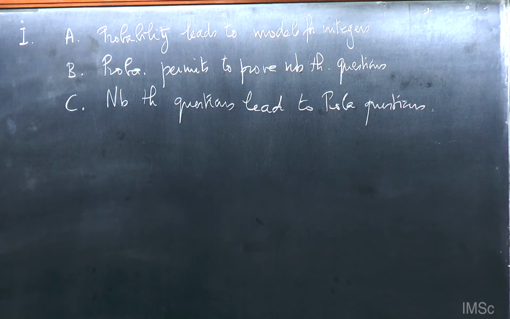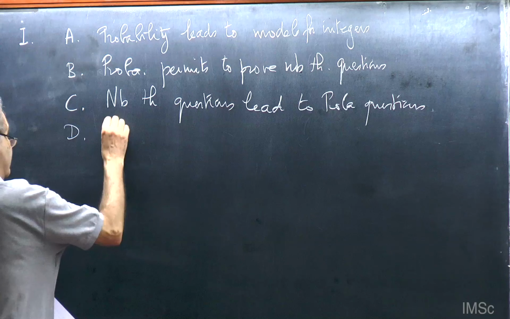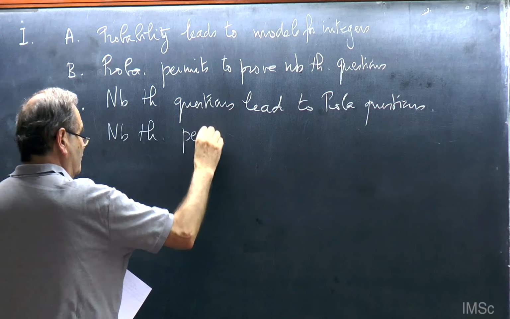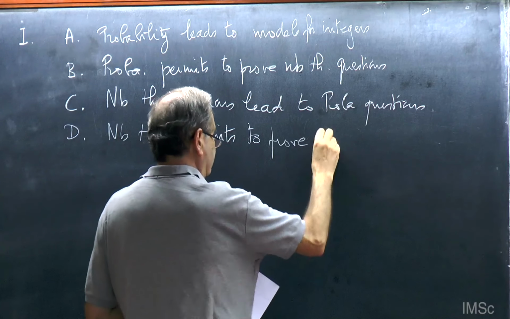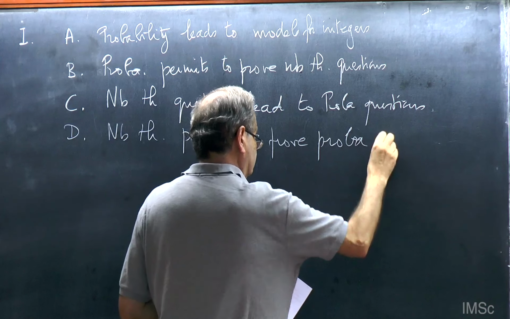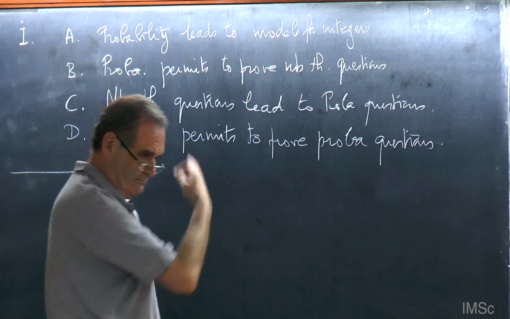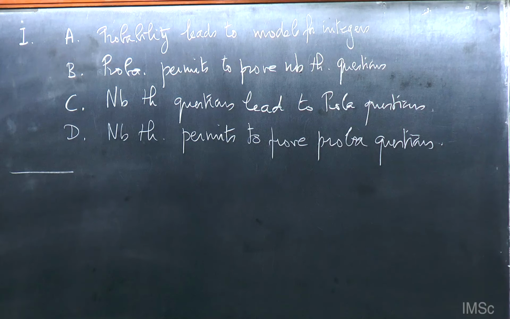And something we are possibly not going to see except maybe today, otherwise it will be on Friday afternoon, is that number theory permits to prove probability questions. So we keep that in mind, and when we give some examples, we understand how it goes.